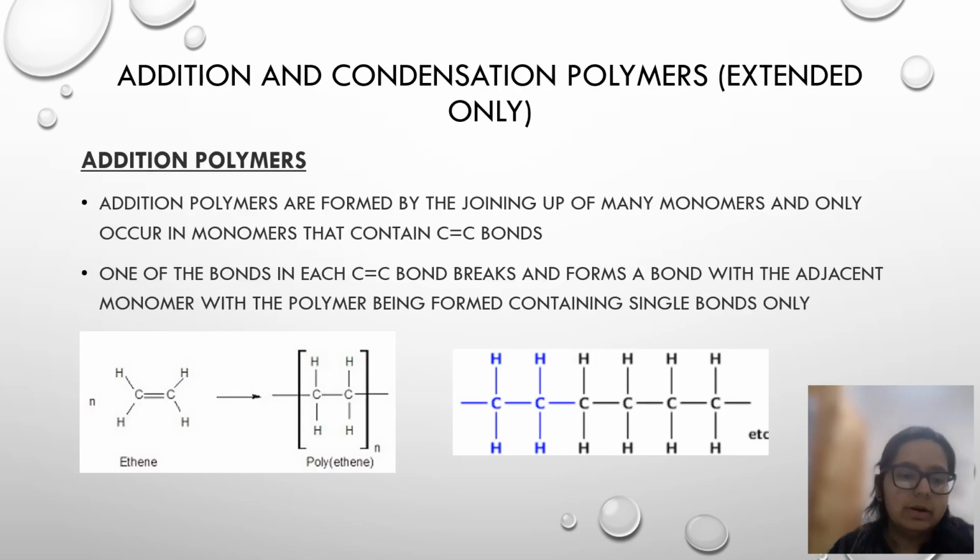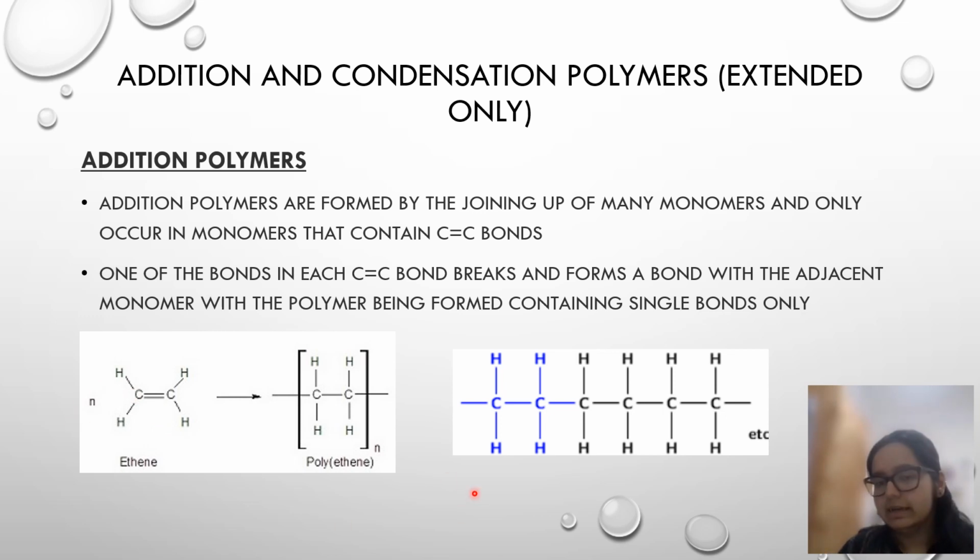Now addition polymers are formed by the joining up of many monomers and only occur in monomers that contain a C double bond C. One of the bonds in each C double bond C breaks and forms a bond with the adjacent monomer, with the polymer formed containing single bonds only. This is what I said previously, like ethene molecules forming polyethylene, where the double bond is broken and each forms a bond with the adjacent monomer.